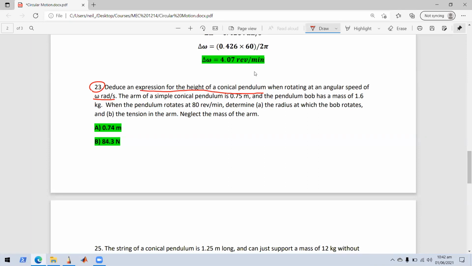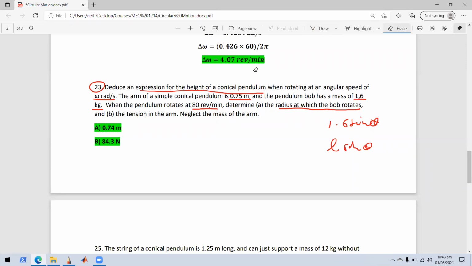Now, the arm of a simple conical pendulum is 0.7 meters, and the pendulum bob has a mass of 1.6 kg, right? When the pendulum rotates at 80 revs per minute, determine A, the radius at which the bob rotates. So they want us to find R. Now, we know that R is equal to L sine theta.